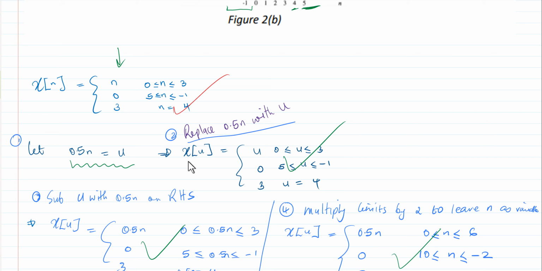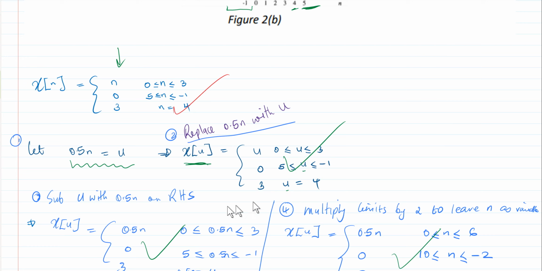So it is going to become x of u, and everywhere we had n, we replace it with u. So u replaces n here, the range becomes 0 to 3, and everywhere else, as you can see, is u.